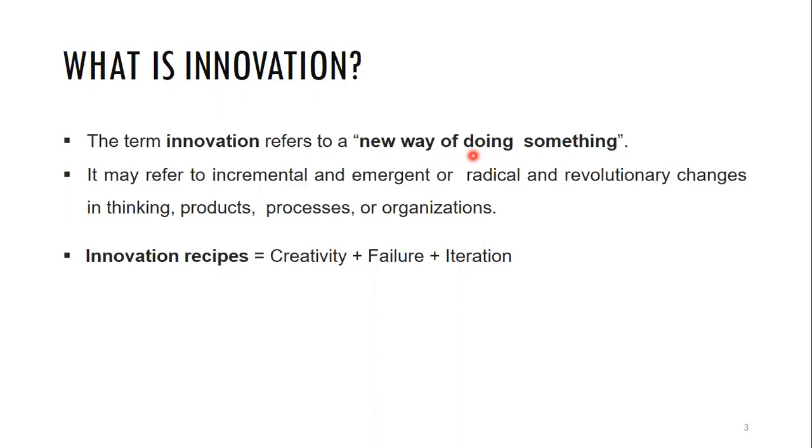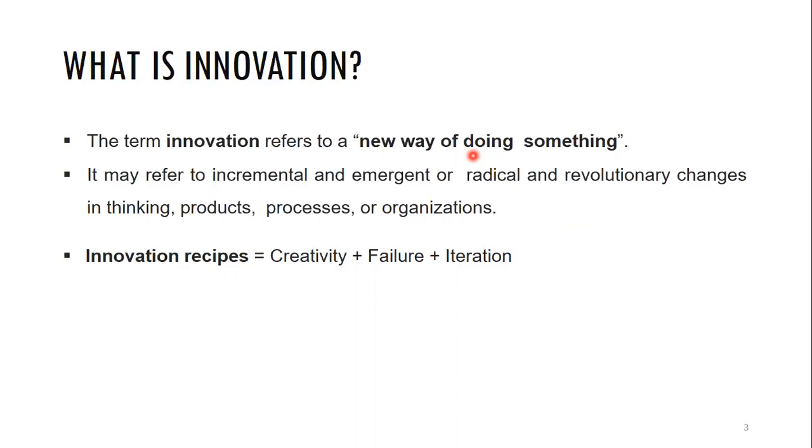Let's talk about the innovation recipe. The innovation recipe actually has three main ingredients. The first one is creativity, the second one is failure, and the third one is iteration or repetition. Creativity means new ideas or creative ideas to do something new.